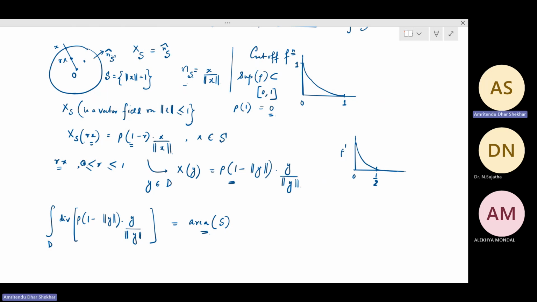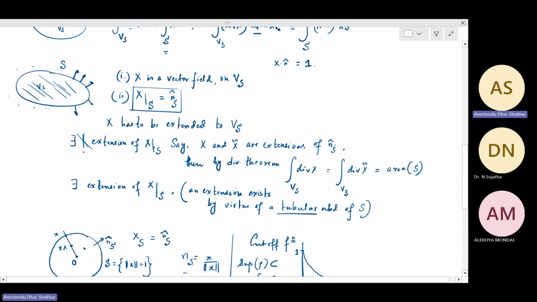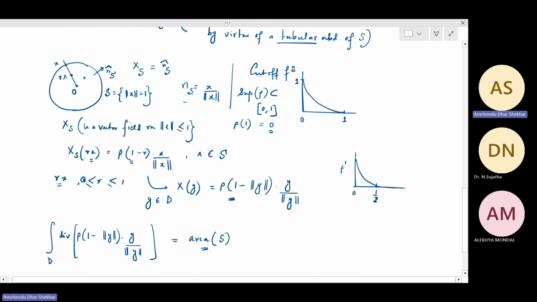Right. So this is independent of how you do the extension. Okay. So it's an interesting result. It's an elegant result. Okay. So I guess this is clear then. So let's move on to another problem.